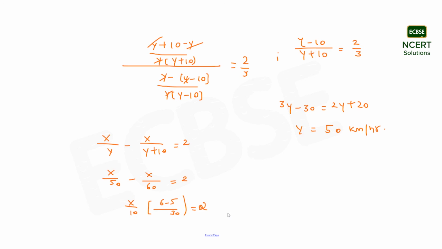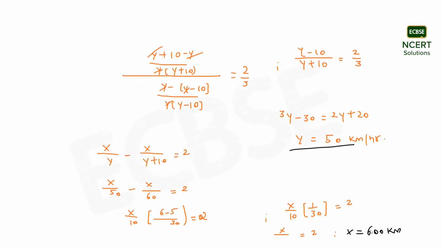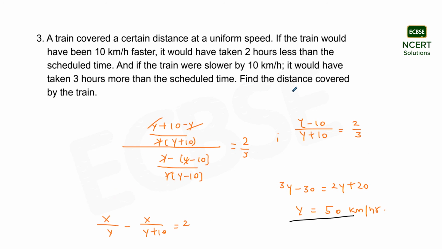So from here, the value of x comes out: x by 10 into 1 by 30 is equal to 2, x by 300 is equal to 2, or I can write it as x is equal to 2 into 300, which is 600 kilometers. Means the original speed of the train was 50 kilometers per hour, and the distance covered by the train is 600 kilometers, which was asked in the question.